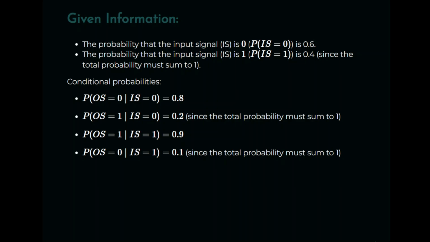And the third bullet point, probability of OS equals 1 given IS equals 1 equals 0.9. That's what we are told. And necessarily the probability of OS equals 0 given IS equals 1 equals 0.1. So 0.8 plus 0.2, they add up to 1. 0.9 plus 0.1, that adds up to 1.